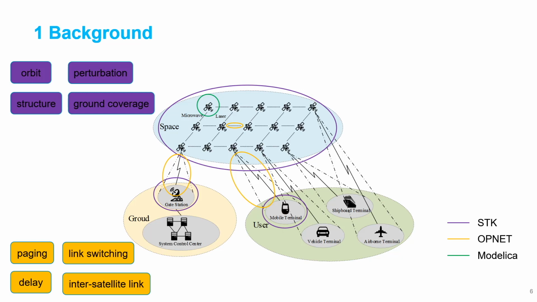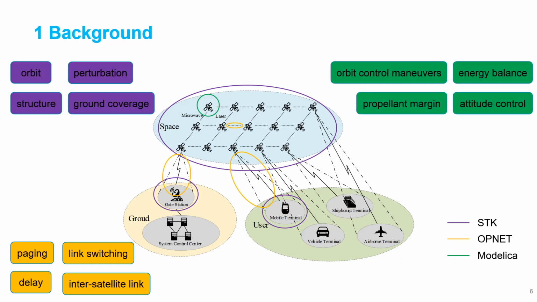To calculate the communication link performance and the multi-domain characteristic simulation of the satellite is the area where Modelica excels. So we want to propose a framework that can implement the above content in one simulation model.